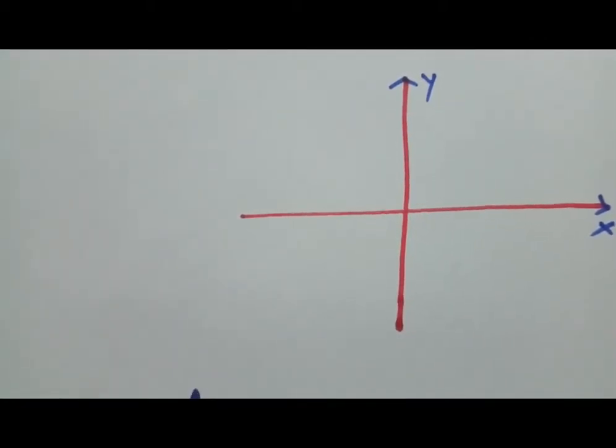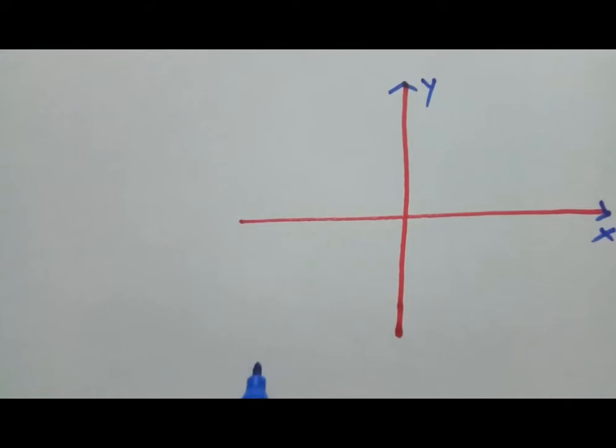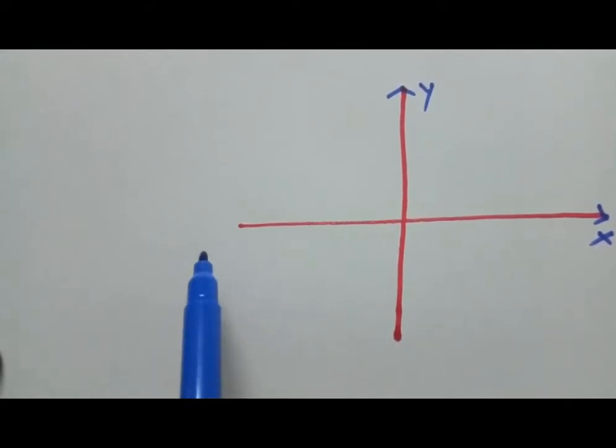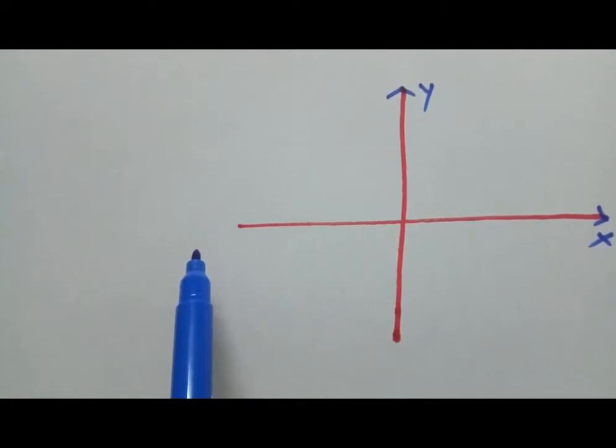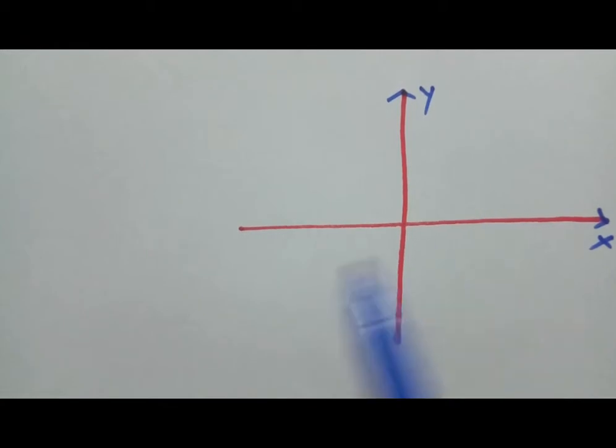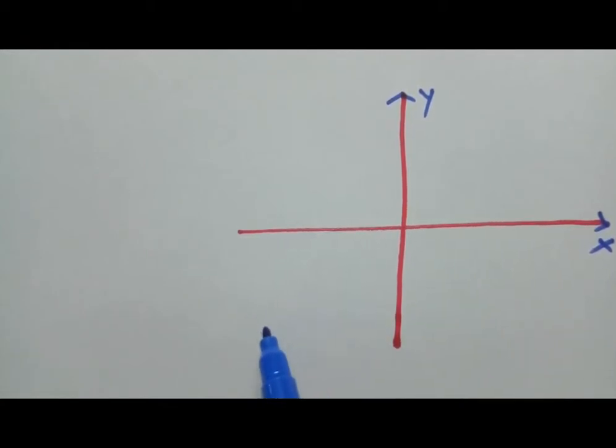Y is equal to 0 means x-axis. Y is equal to b means the line parallel to x-axis. X is equal to plus a, the line parallel to y-axis. X is equal to minus a, the line parallel to y-axis.